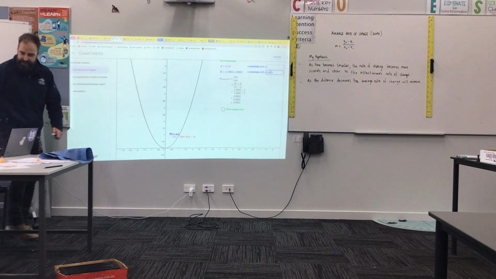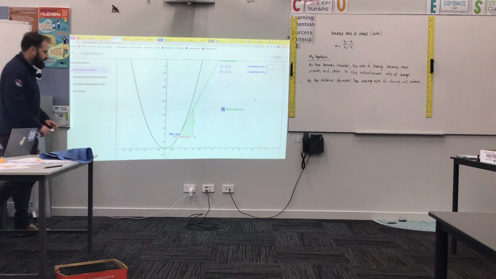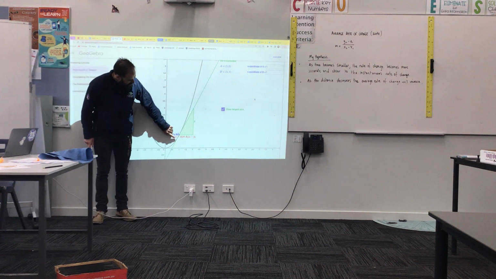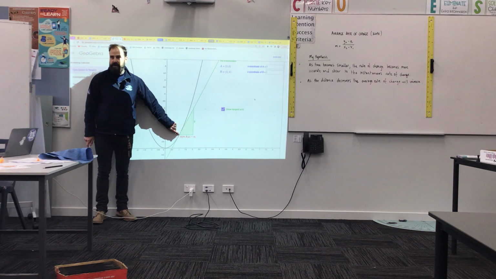All right, second option. Instead of using 2 points, because we know that doesn't work, we can draw what's called a tangent line. This green line is called a tangent line. It is a tangent to the point 1, 1. Would anyone like to have a guess at what a tangent line is?